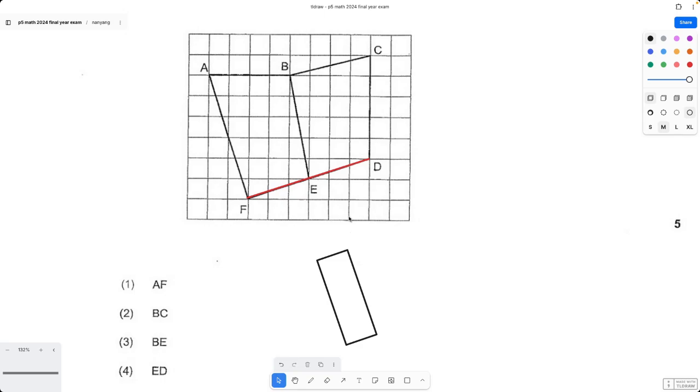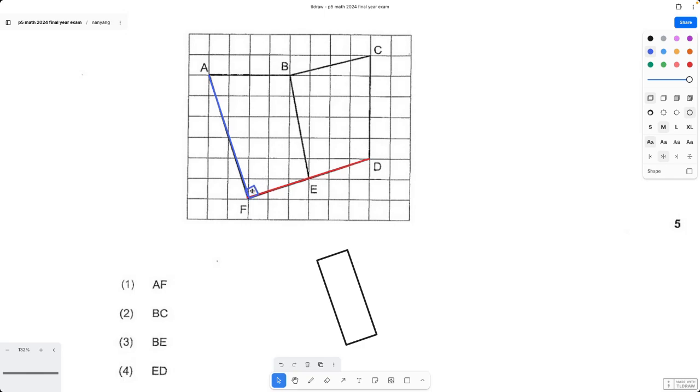So I'm also going to draw a line, maybe blue. To see if this is perpendicular, this is perpendicular. So A and F is perpendicular. That's what you see over here.